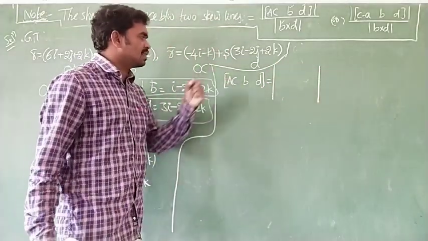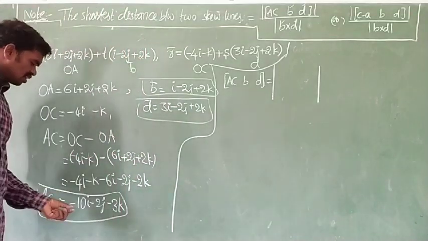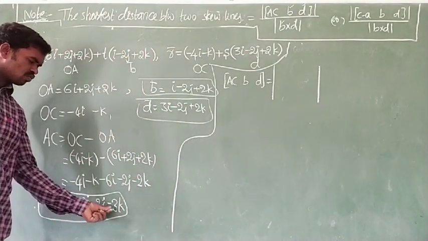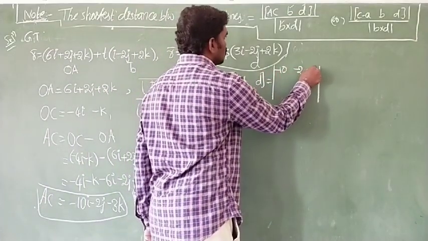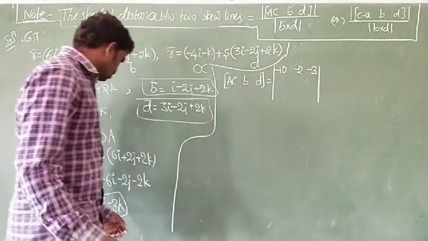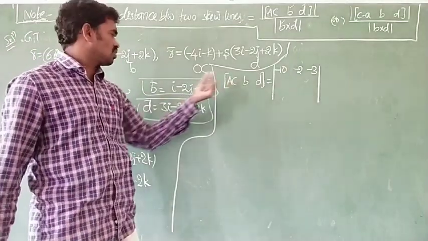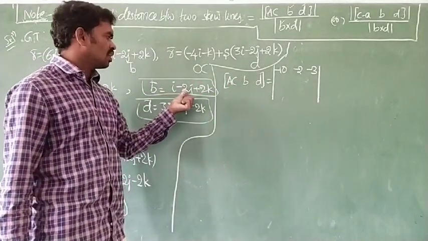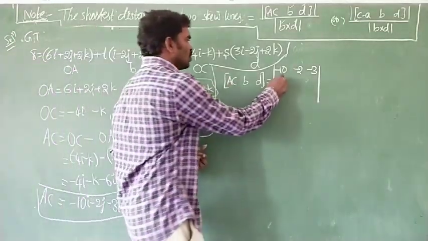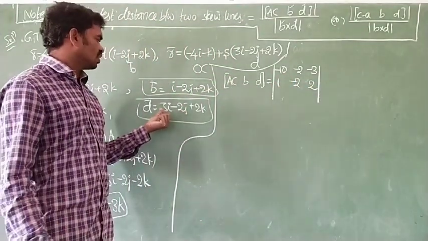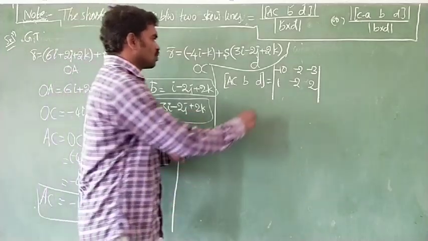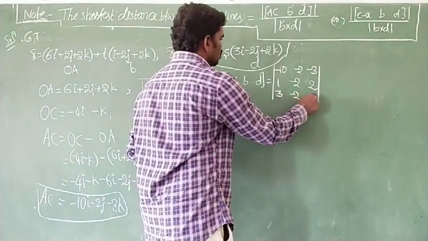First, the AC elements: minus 10, minus 2, minus 3. Next, the b coefficients: 1, minus 2, plus 2. Next, the d terms: 3, minus 2, plus 2.